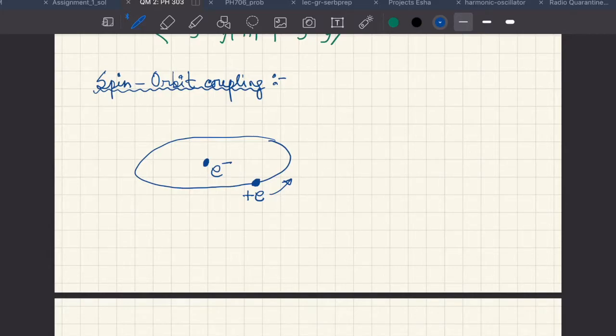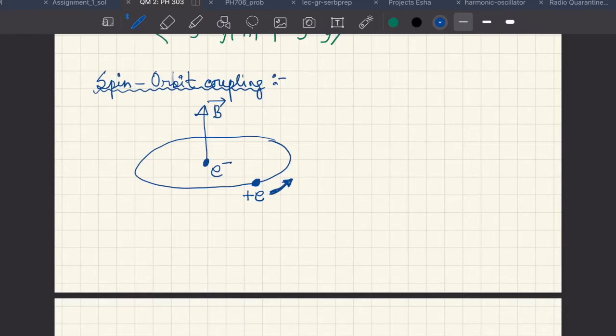So this orbiting positive charge will set up a magnetic field. If the proton is rotating in this way, the magnetic field will be generated in this direction. I have shown the direction of the magnetic field B here in the electron's frame, and this will exert a torque on the spinning electron, and it will tend to align the magnetic moment mu along the direction of the field.